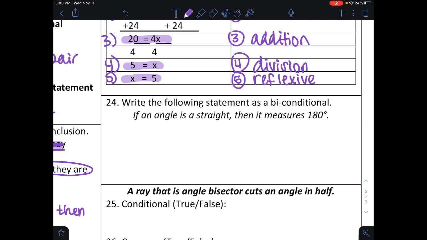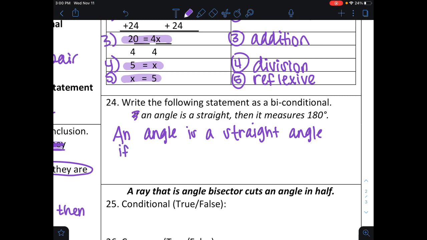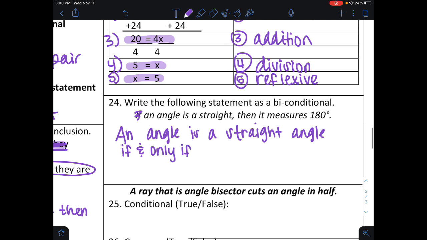24. Write the following statement as a biconditional. Okay, so biconditional, don't forget it says if and only if in the middle. So an angle, don't write if, an angle is a straight angle, or is straight, if and only if it measures 180 degrees.